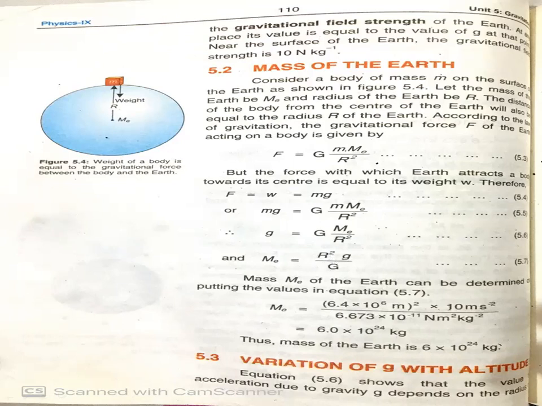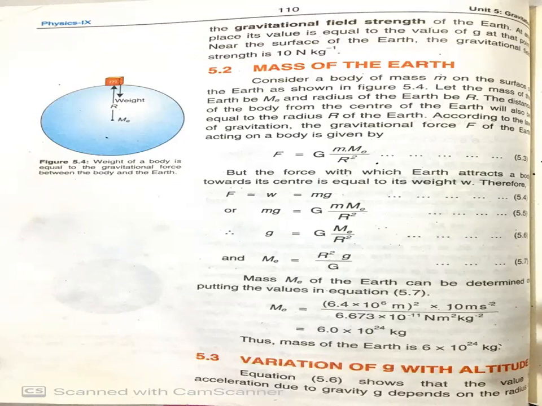You should memorize these values by heart from now: the radius of the earth, the value of g which is 10 meter per second square, the gravitational constant 6.673 × 10^-11, and the mass of the earth, 6 × 10^24 kilograms. They will be used when we do the problems of this chapter.